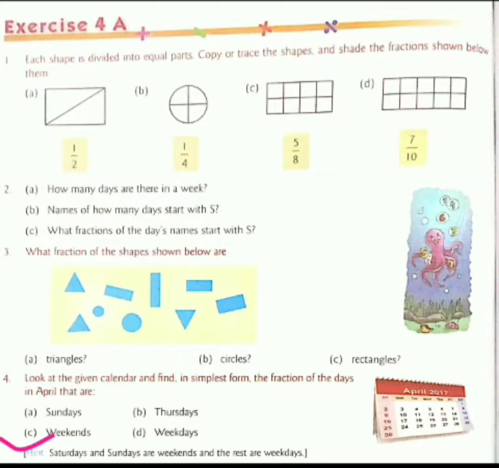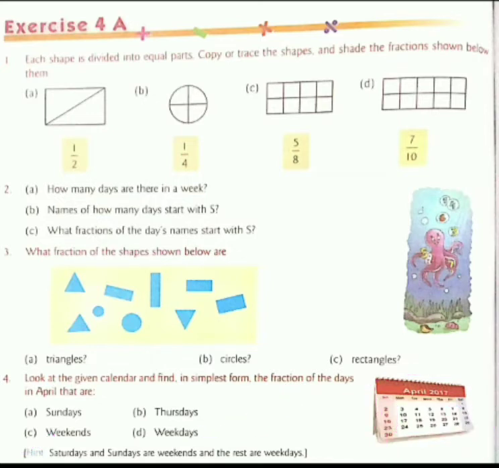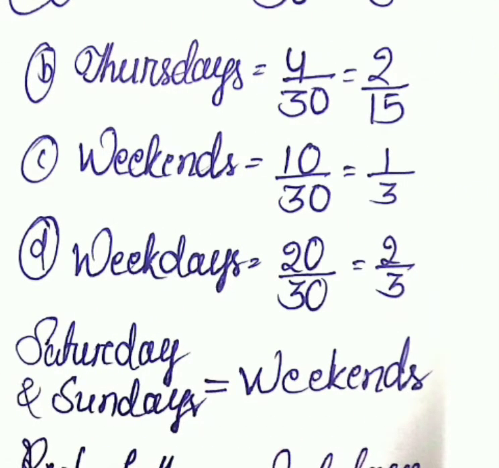So the fraction of weekends will be these 5 days, and here also 5 days. Okay, Saturday and Sunday. Okay, then weekdays means out of this total, except the Sundays and Saturdays, you have to count all these days and write the weekdays fraction. Okay, that's what I have written here. You can see it.